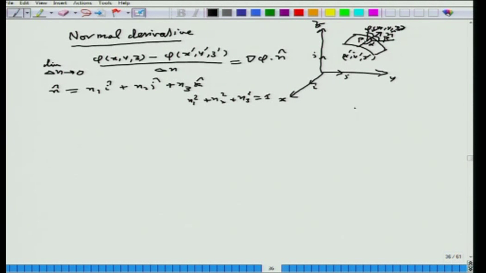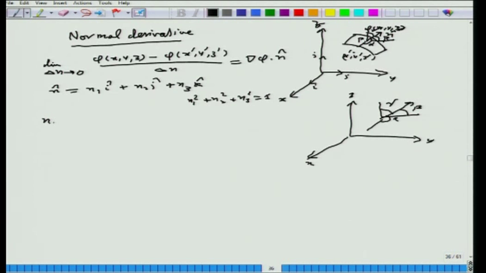I will blow it up in this way, with the x, y and z axes. With the z axis the angle is gamma, with the x axis alpha, and with the y axis beta.